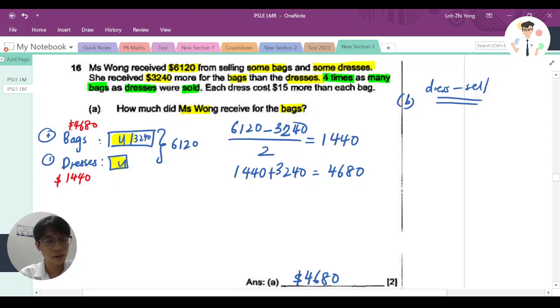So what I can do is 4 is 1. So I'll try to use 4680 to divide by 4, right? 4680, I try to divide by 4. And that will be equal to 2880. Is it correct? 4680, no, sorry.